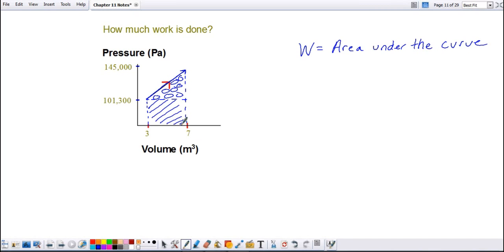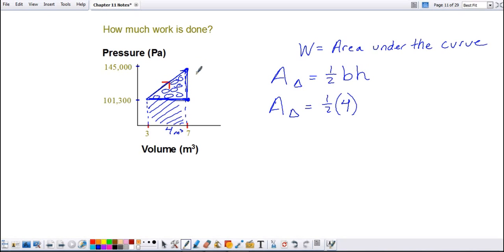Okay? So, let's go ahead and look at the triangular piece first. The area of this triangle is going to be equal to 1/2 the base times the height. Well, in this picture, the base is from 3 to 7, or 4 cubic meters. And the height of the triangle, so this is the same base as down here, but the height's a little bit different. The height starts at 101,300 and ends at 145,000.